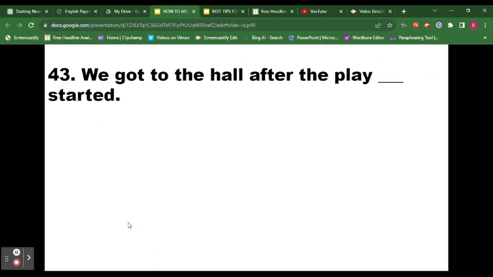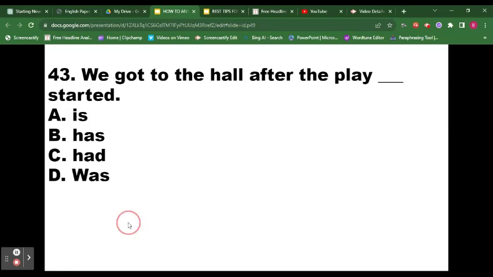Question 43. We got to the hall after the play dash started. A, is. B, has. C, had. And D, was. Of course, the correct option is C, had.